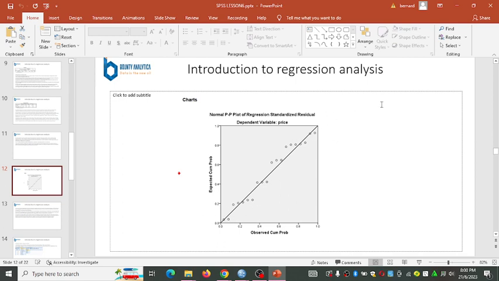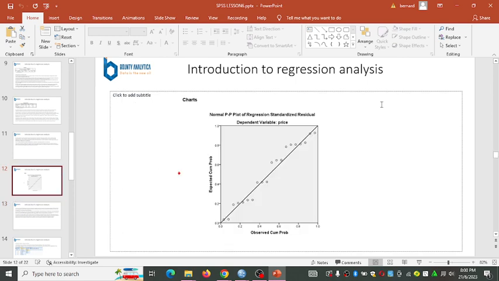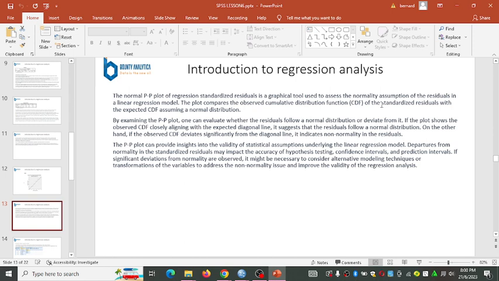You can check at your own time the importance of that plot. So these are plots of regression standardized residual, a graphical tool that is used to check or to assess the normality assumption of the residual in a linear model.